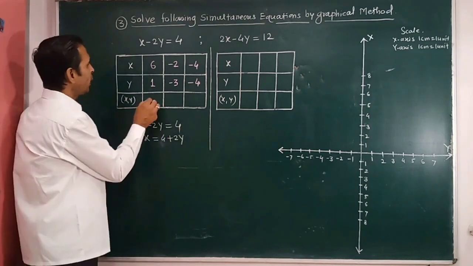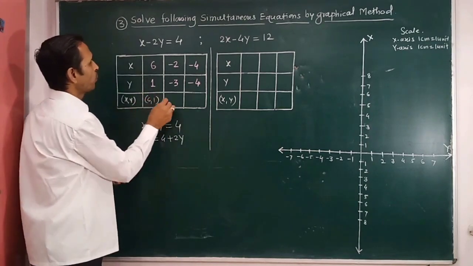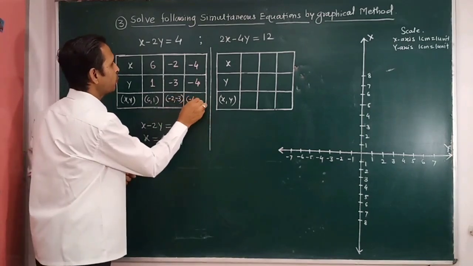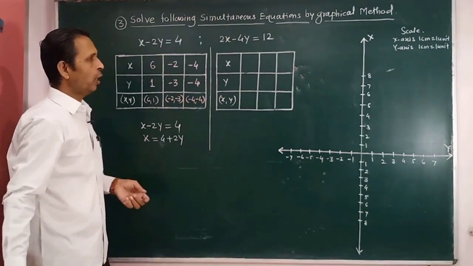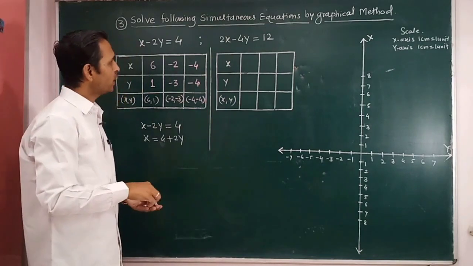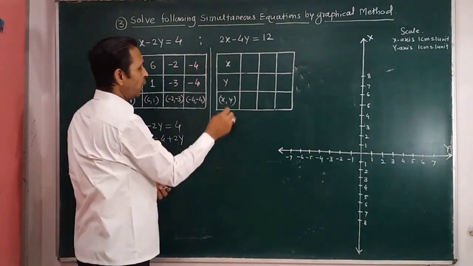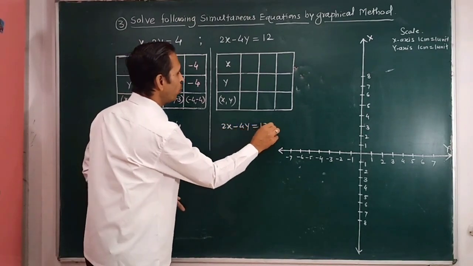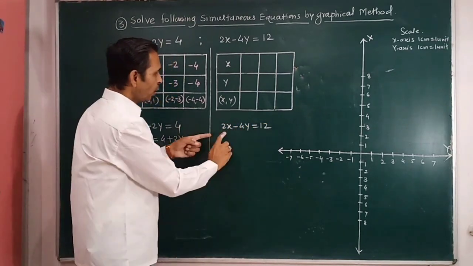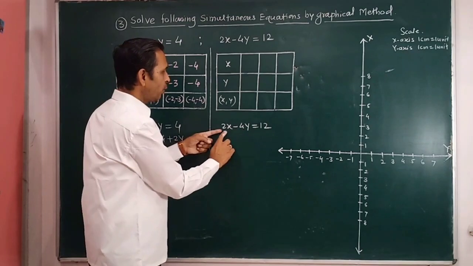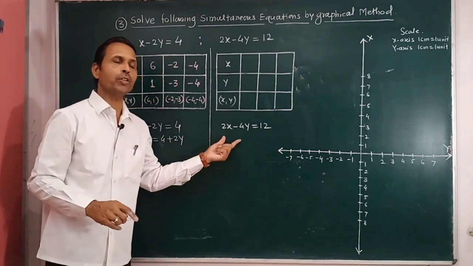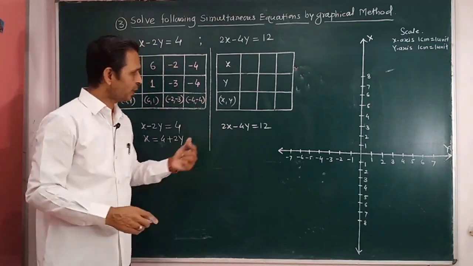The coordinates are 6, 1; minus 2, minus 3; and minus 4, minus 4. Now for the next equation, we are given 2x minus 4y is equal to 12. Then we convert this equation into the y form or x form.